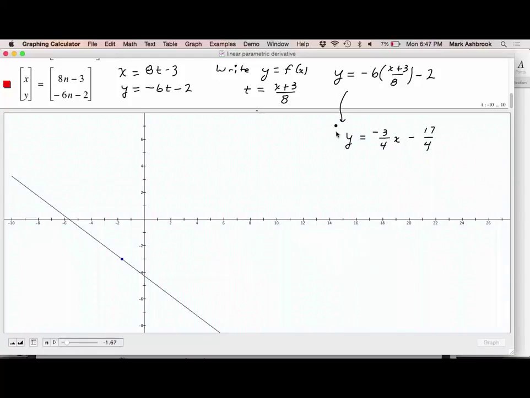Okay, so now suppose we started with this. So then that's this line, right? This set of parametric equations graphs this set of points, which is more commonly known as this line right there.